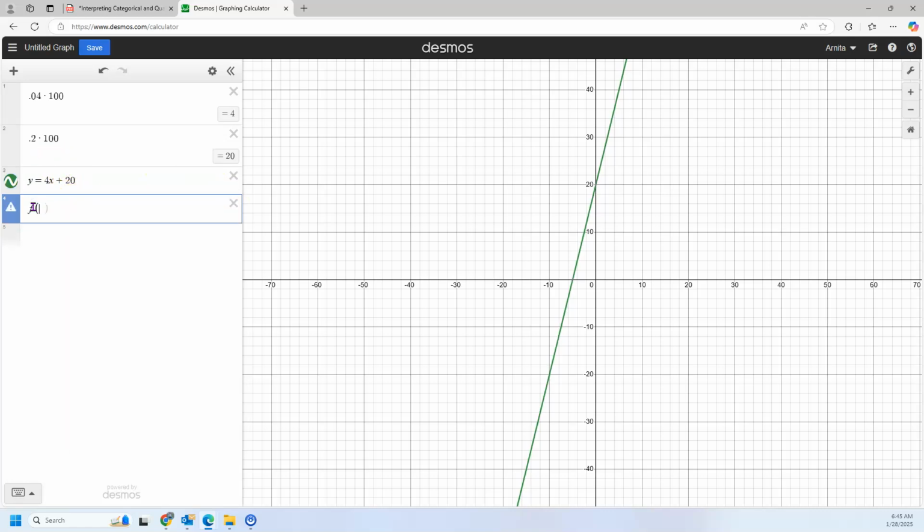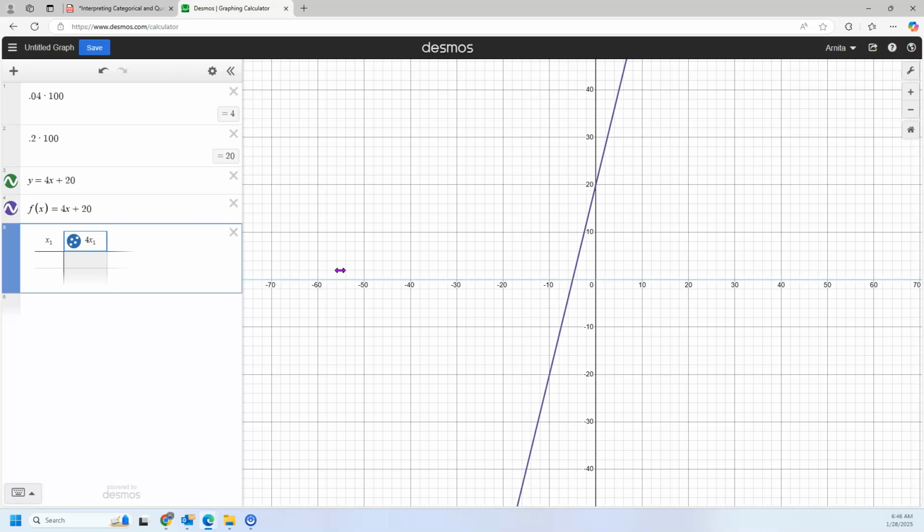Let me see, maybe I can make a table and it would do it for me. Y equals 4 times x sub 1 plus 20. So all I did was, instead of putting y, I replaced it with 4 x sub 1 plus 20. So then when I put 0 in here, it's 20.